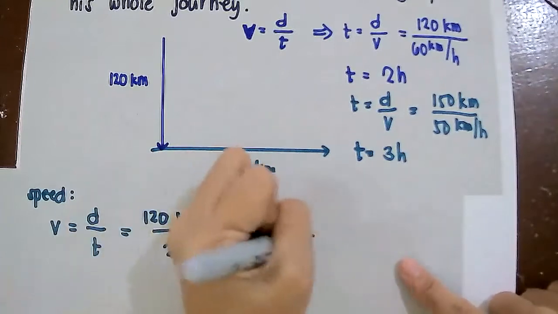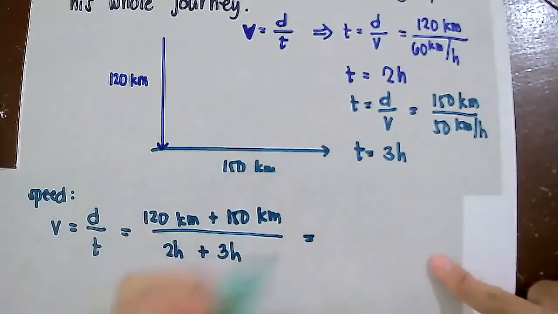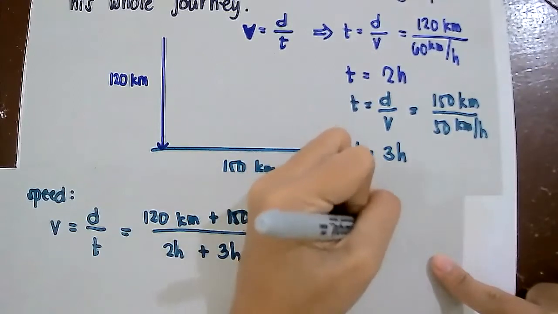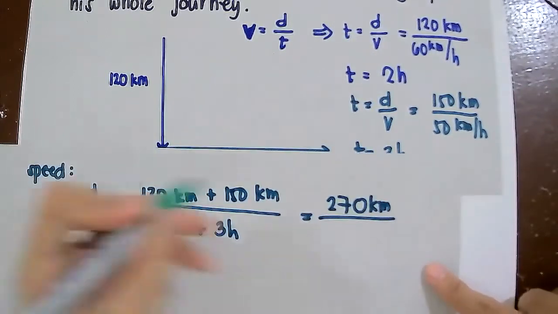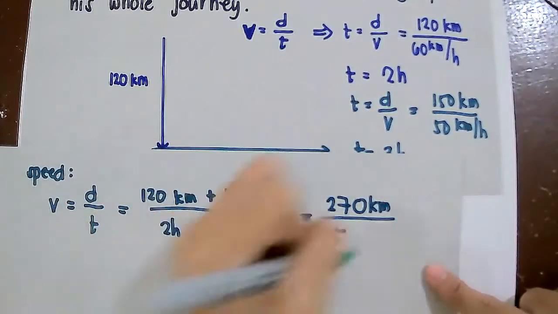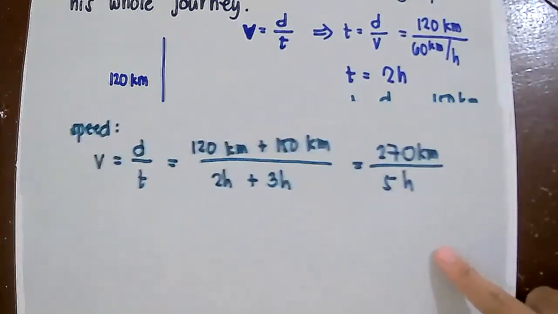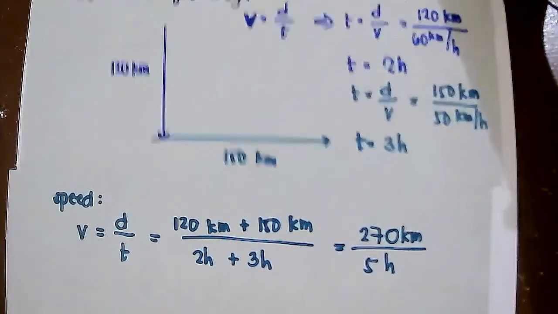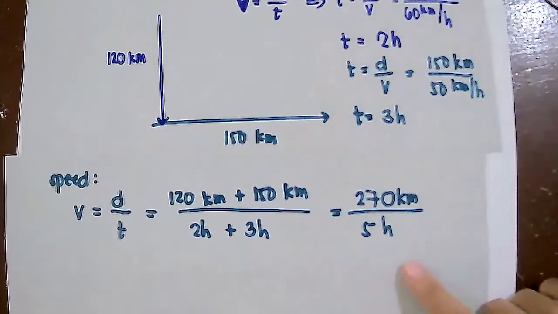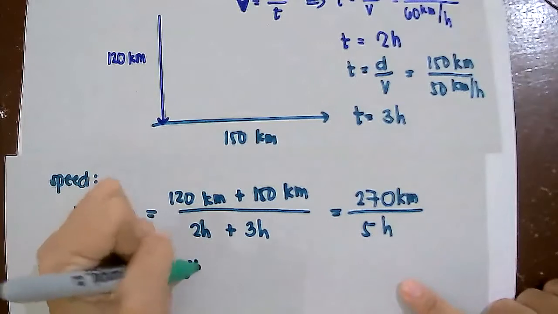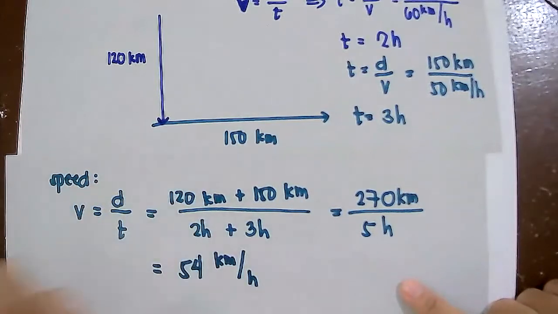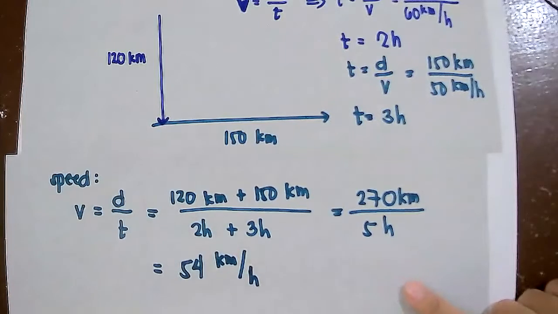And then this one is equivalent to 270 kilometers divided by 5 hours. So if you divide this one, 270 divided by 5, you will get 54 kilometers per hour. So this is now your speed.